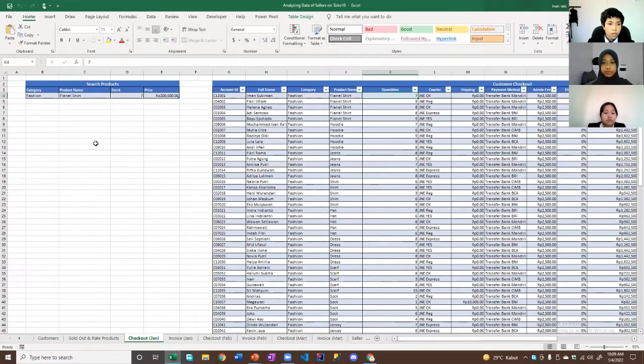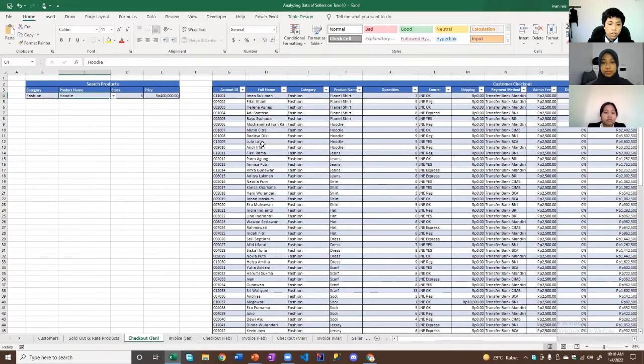In search product, stock and price use the formula index combined with match. Stock and price columns will change depending on the product name. If I change the product name to hoodie, for example, look, the stock and price columns will change.